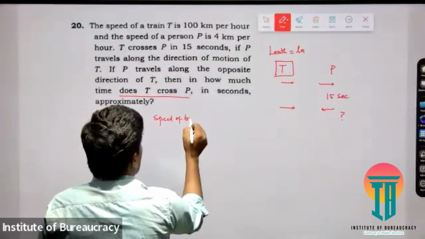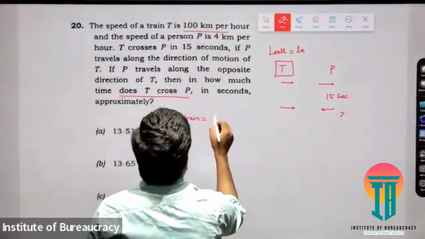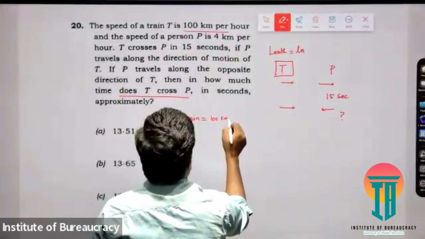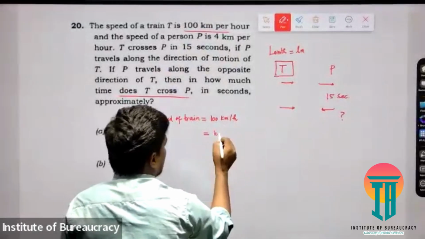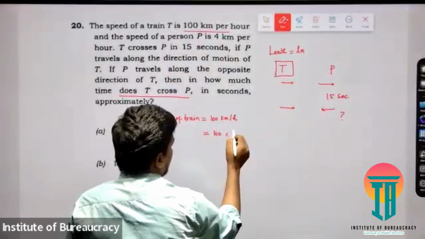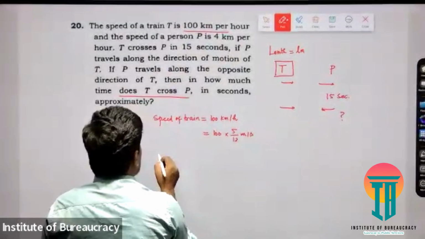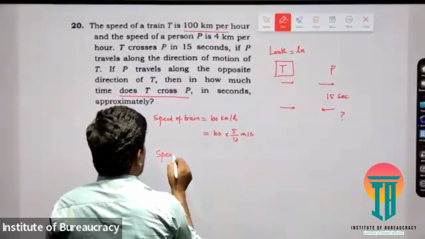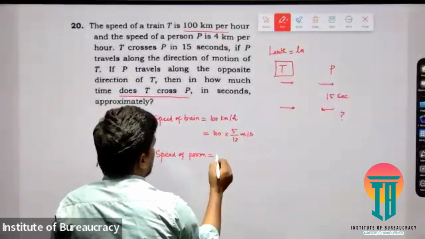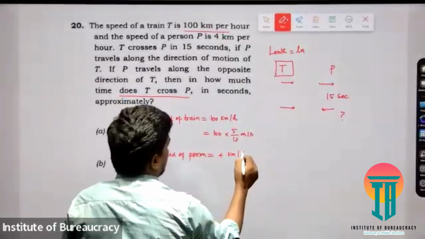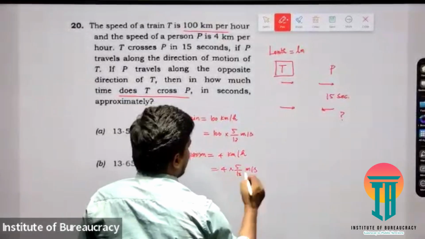Now the speed of the train, they have given us 100 kilometer per hour. This 100 kilometer per hour, if we convert to meter per second, it is 100 into 5 by 18 meter per second. Then the speed of the person is 4 kilometer per hour, which means 4 into 5 by 18 meter per second.